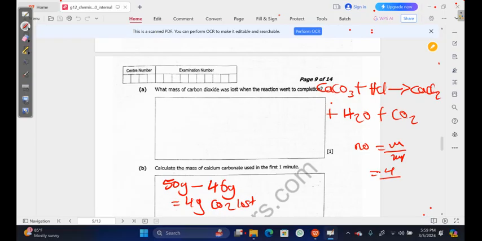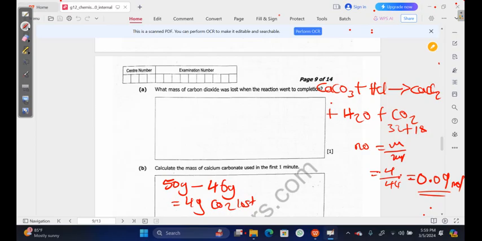Oxygen is 16 by 2, we have 32, plus carbon is 12. So what is 32 plus 12? This is 44. So it's 4 divided by 44, which will give us 0.09. So 0.09 moles, these are the moles of carbon dioxide at 1 minute.